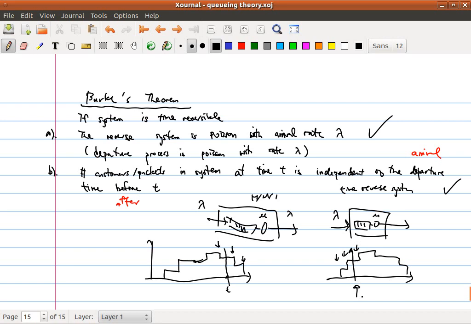Because if there's no packet at time t, then of course there will be no departure after time t, given that there's no arrival also. So at least it won't be completely uncorrelated as in the case earlier. Anyway, we just have to be very careful about the statement.